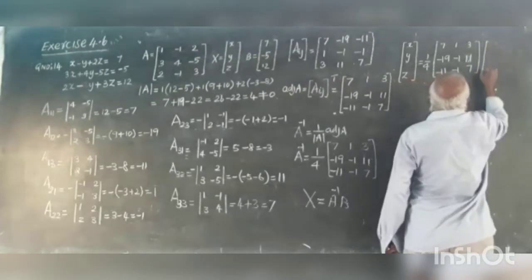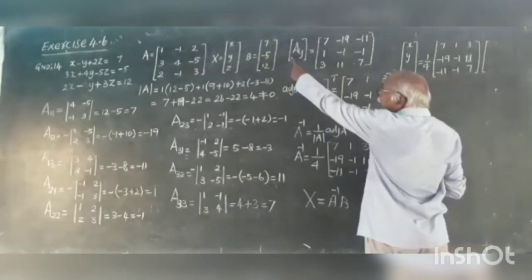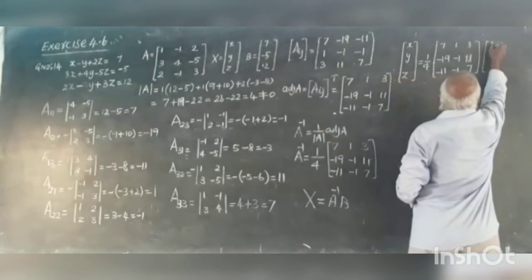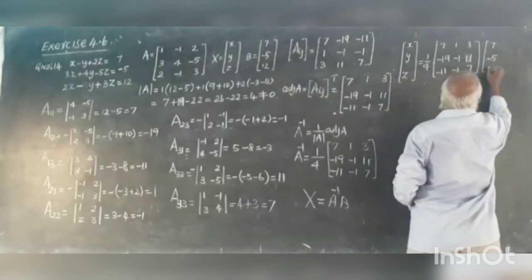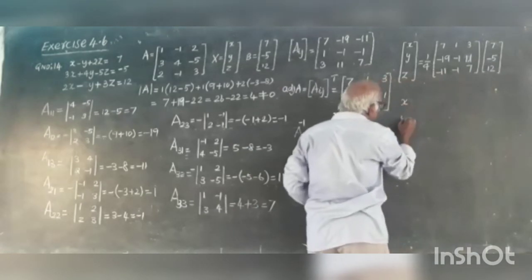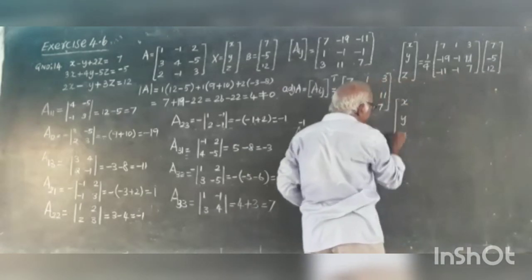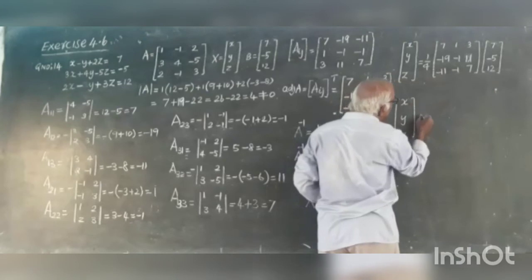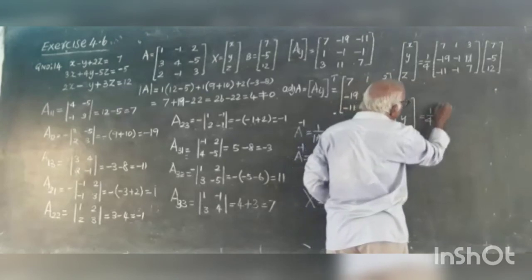Multiply with the constant matrix. Which is the constant matrix? 7, minus 5, 12. Then X, Y, Z is equal to 1 by 4.